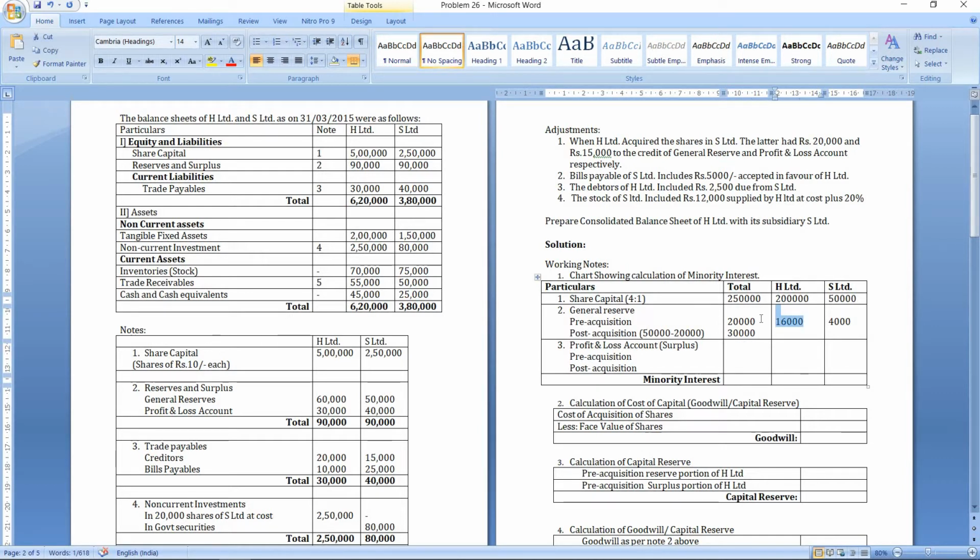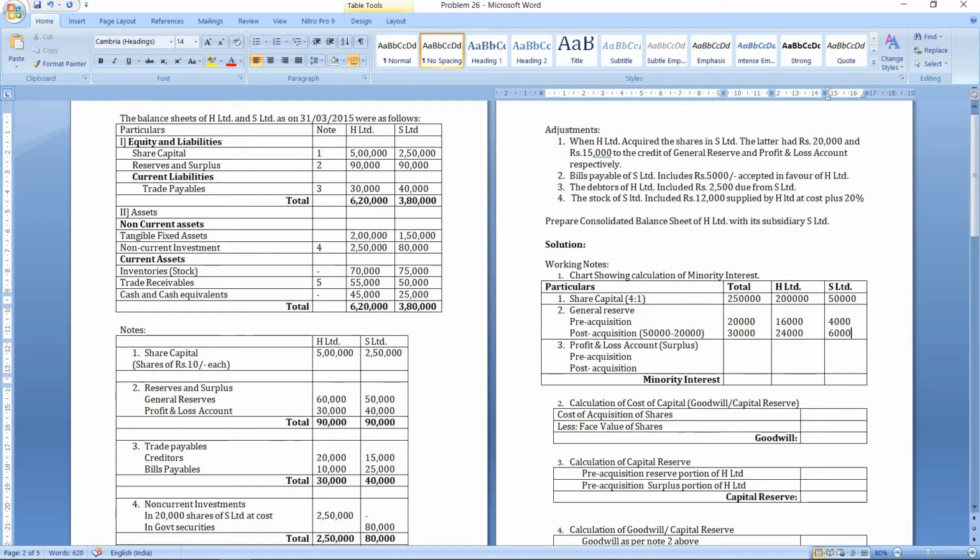This 30,000 is to be divided between the holding company and the remaining shareholders. 30,000 into 4 divided by 5 is 24,000, and for the remaining shareholders, 30,000 into 1 divided by 5 is 6,000. I hope these calculations are clear.